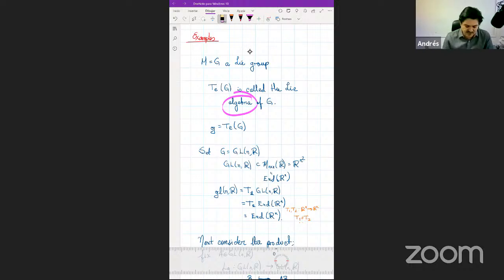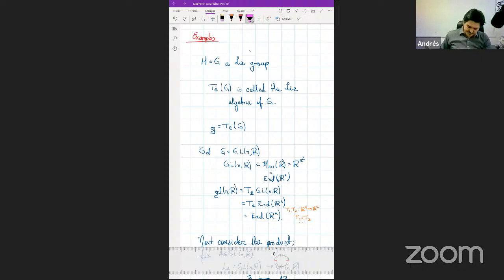So this is the Lie algebra of the group of non-singular matrices: the endomorphisms. It is a linear vector space of dimension n squared, and the product is the composition when you think about them as maps.